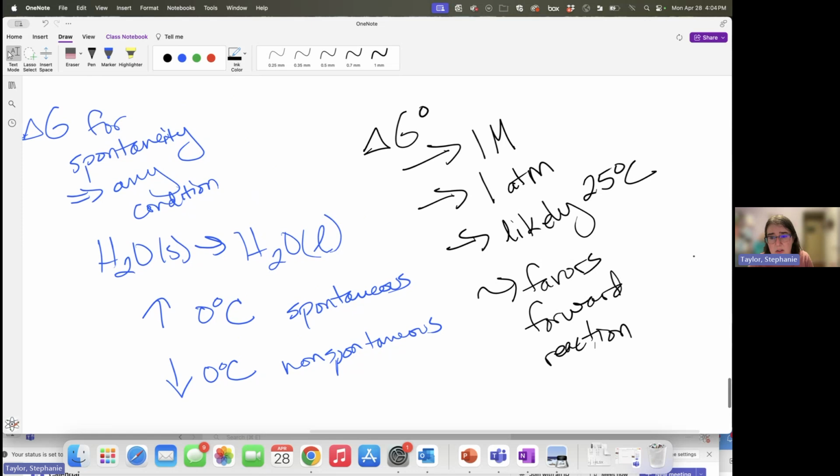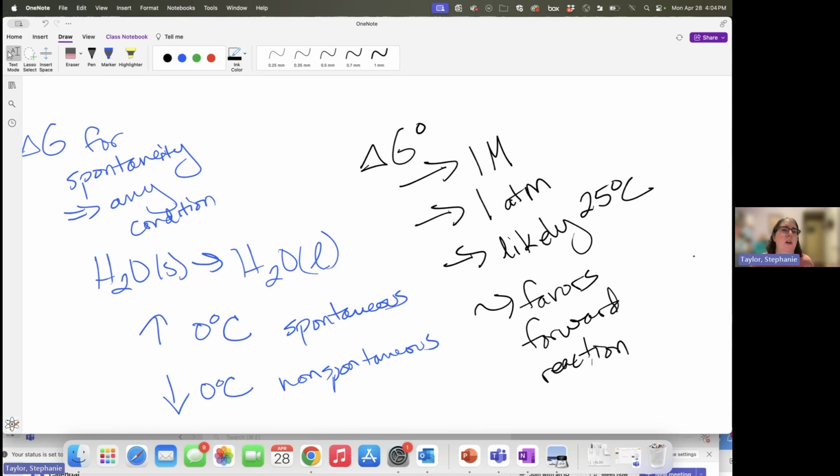But you can still use the word spontaneous for delta G standard, because delta G standard is just talking about whether it is spontaneous or non-spontaneous under a very specific set of conditions. So that is what is going on with that one.